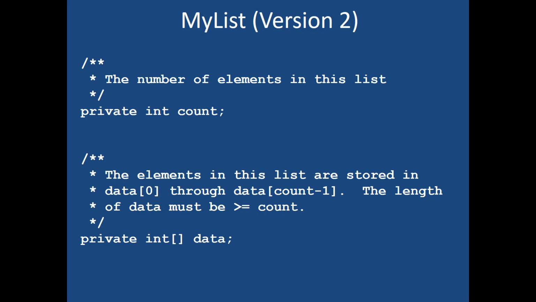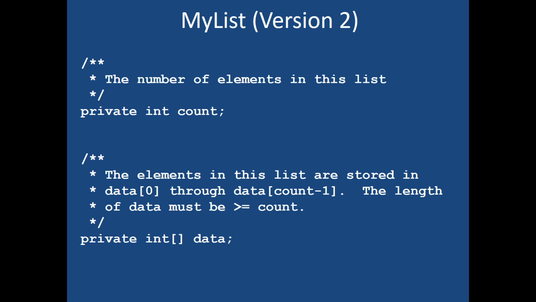Look at the comment now. It says the elements in the list are stored in data 0 through data count minus 1, and the length of data must be greater than or equal to count. So what that says is that there can be room to grow. Maybe the list contains 5 elements and the array contains 8 elements. So the first 5 elements of that array are the ones we care about. The last 3 is just space to grow. That's what that comment is telling me.